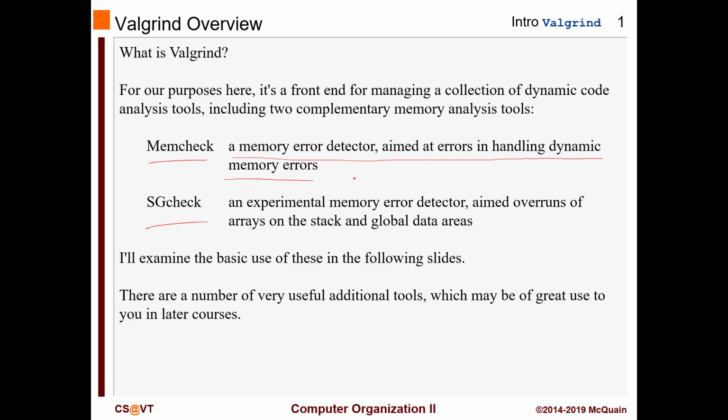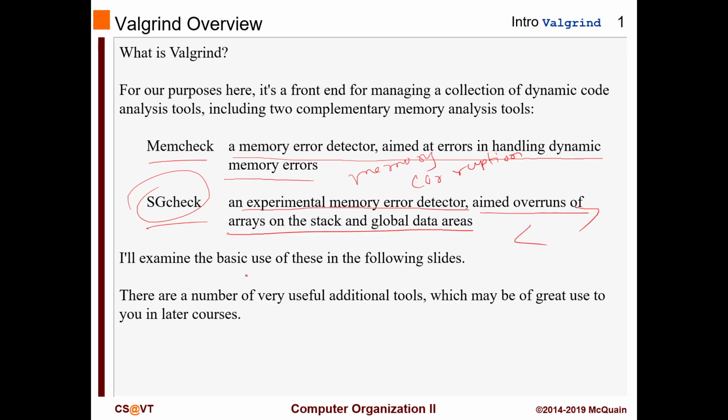So whenever you get something like memory corruption, or not enough memory allocated, or out of bounds, this is what it checks. And SGCheck is an experimental memory error detector aimed at overruns of array, stack and global areas. So whenever you are going outside, like out of bound errors, this is the one it checks.